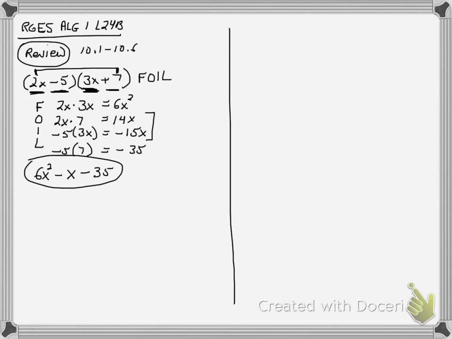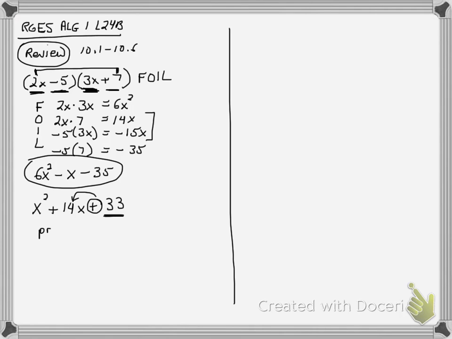So if we were to review this one, I'm asking you for two numbers that their product is 33. So two numbers multiplied together to give me 33, and because this is a plus, their sum is 14.